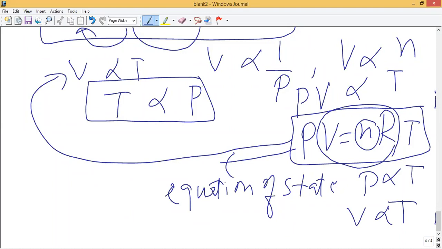Keeping temperature constant, you can say that V is inversely proportional to pressure. So all these laws you can calculate using this equation, PV is equal to nRT.